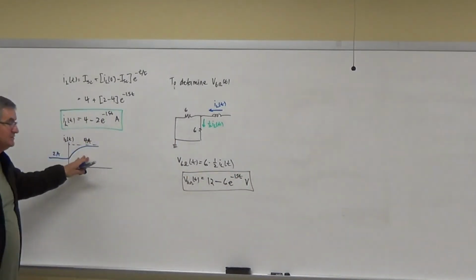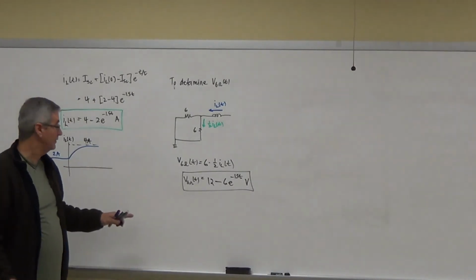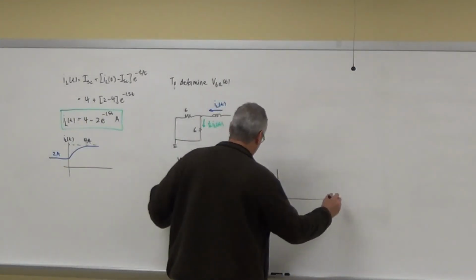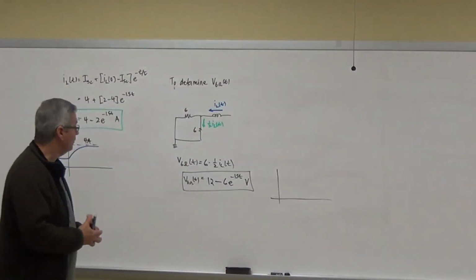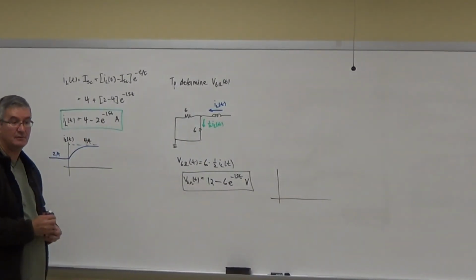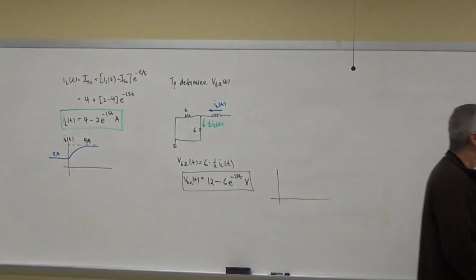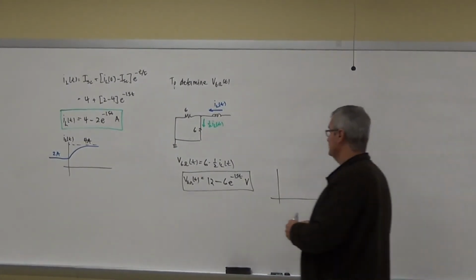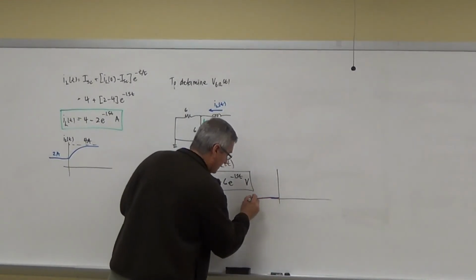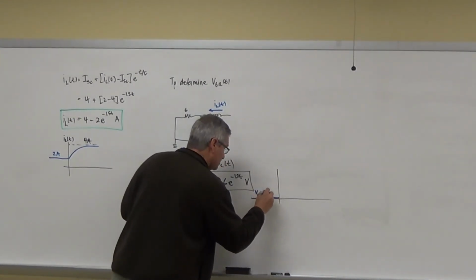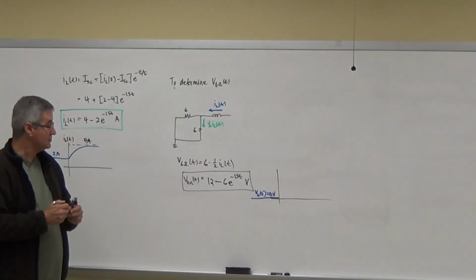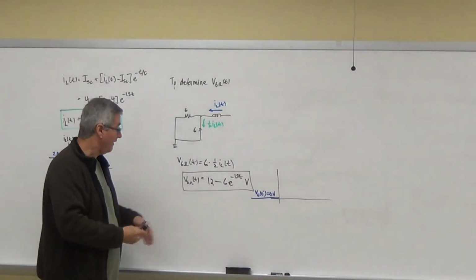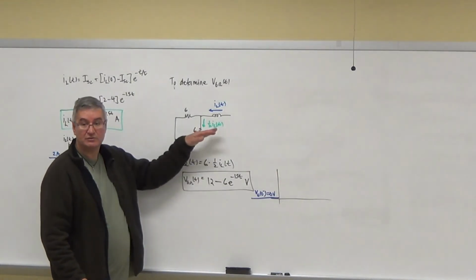So very similar to this here, it has to increase in voltage. If I plot this, what am I seeing? What was the voltage beforehand? It had to be 0, right? Why is it 0? Because we saw that when this was open, that short killed off that voltage right there. So plotting this, V6 at 0 minus was 0 volts. Then the switch is thrown and this guy jumps up to 6 volts.